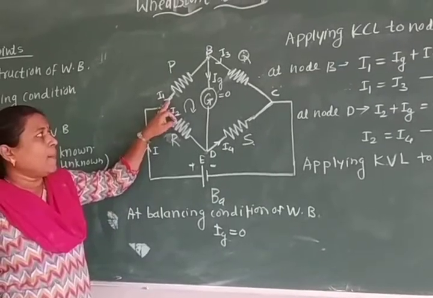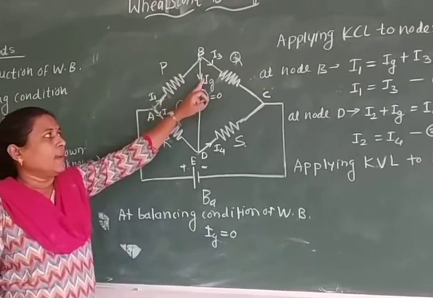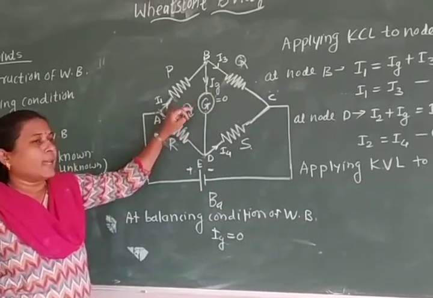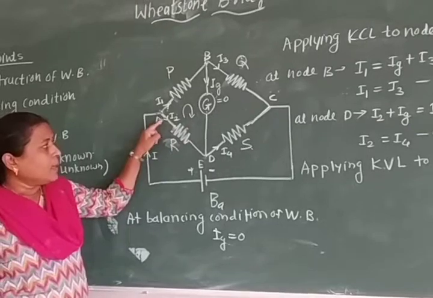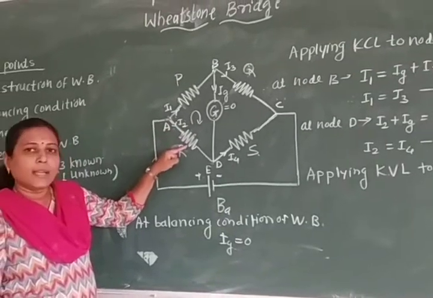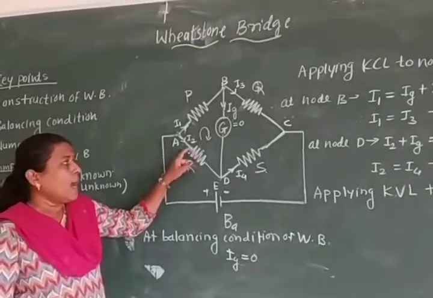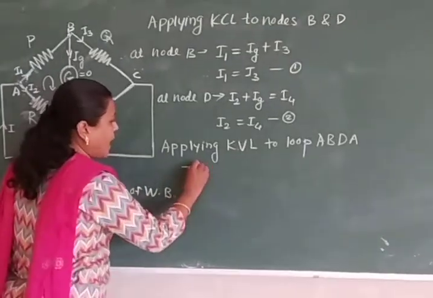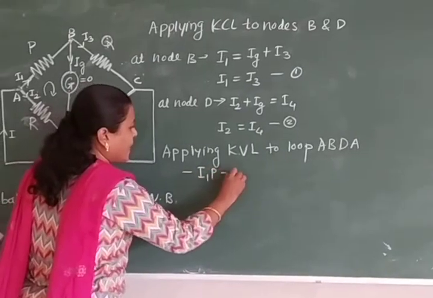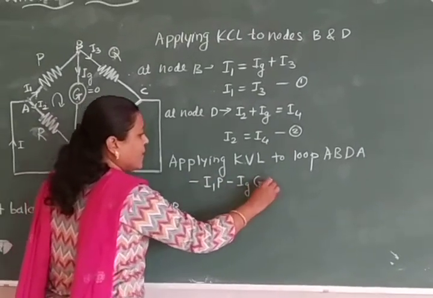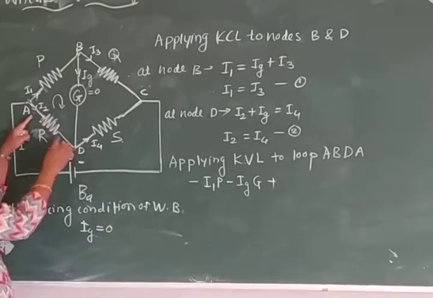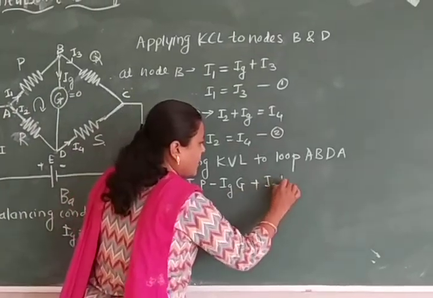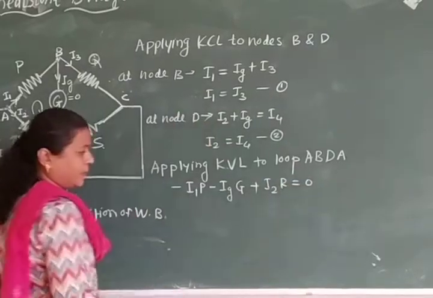So the product of I1 and P and the product of Ig and G must be negative because they are in the direction of traverse, whereas the product of I2 and R is positive because it is in the opposite direction of the traverse. So we can write minus I1P minus Ig into G plus I2 into R is equal to 0.